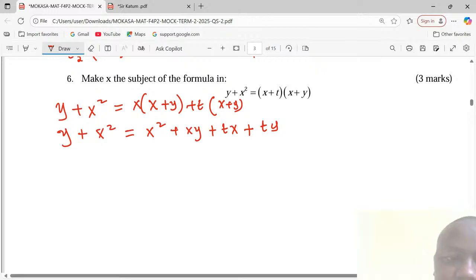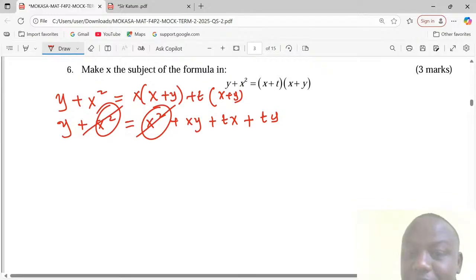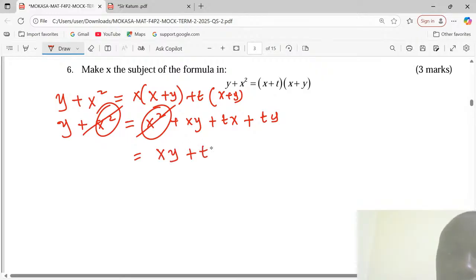Looking at this, you shall discover that x squared is appearing here, x squared also here. So that one cancels. After that has cancelled, then remember we are making x the subject. So the terms with x can be left here, xy and tx.